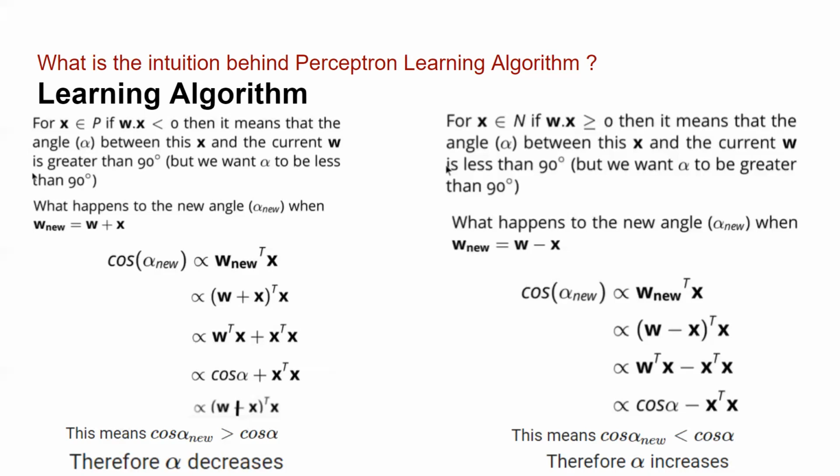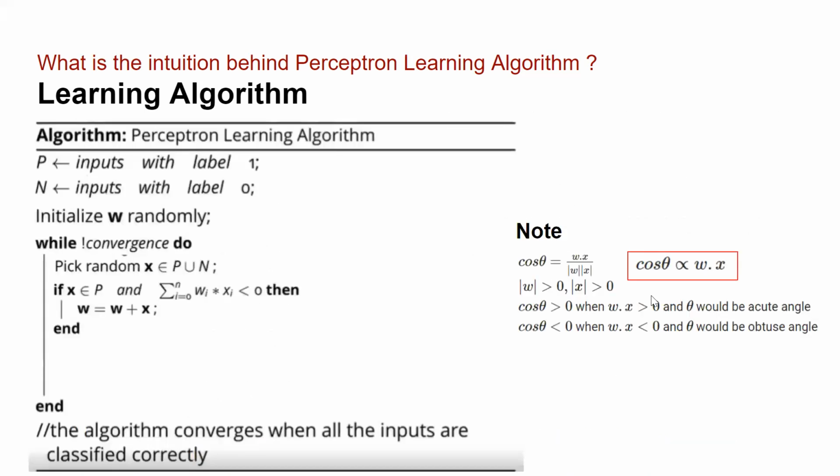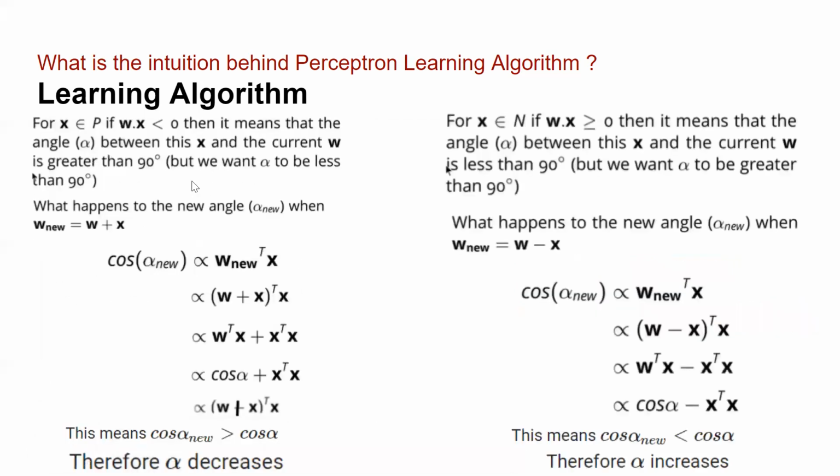I have one question. So W into X is less than 0. Can you go to the previous slide? Yes. Theta would be an obtuse angle. Correct. But actually it should be an acute angle because this P has target variable as 1. Right, cos 0 is 1.